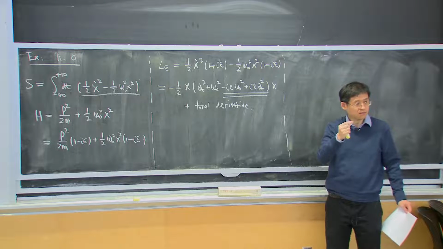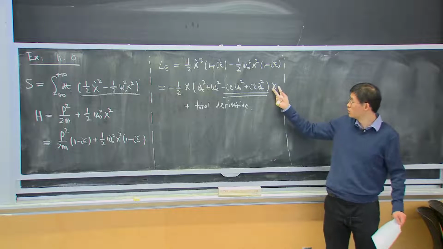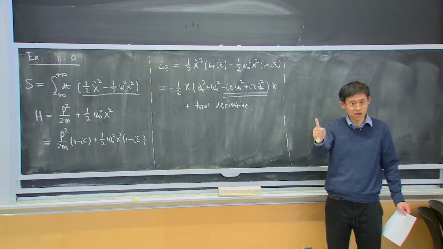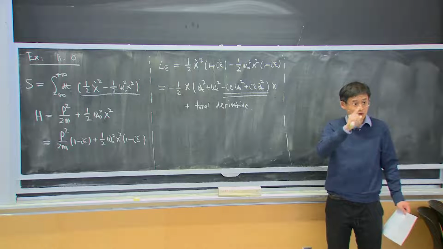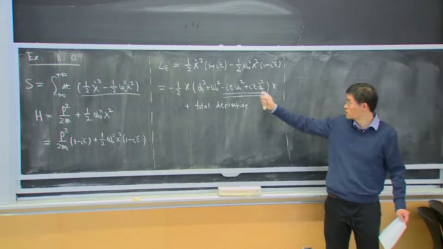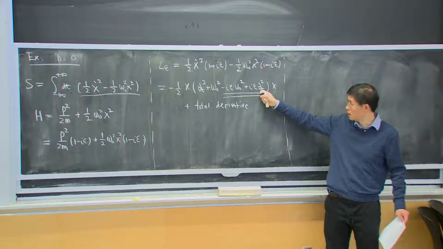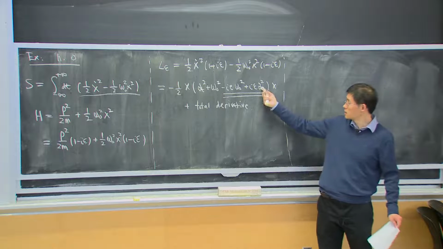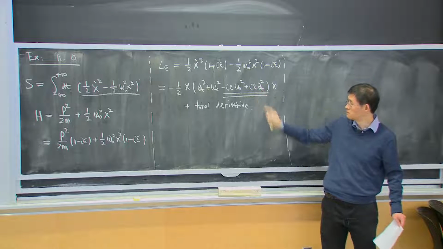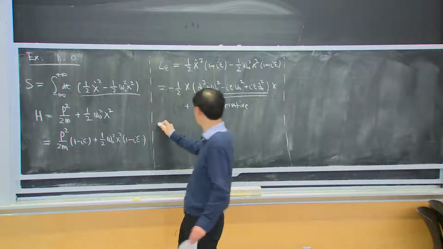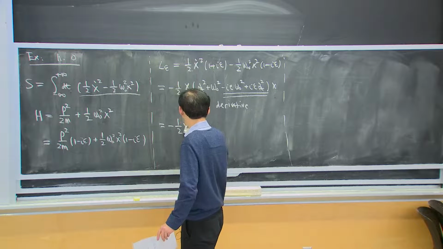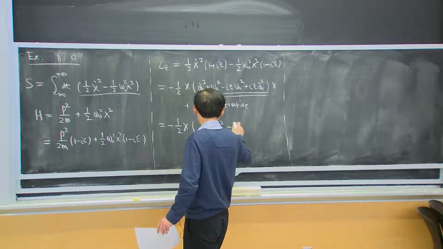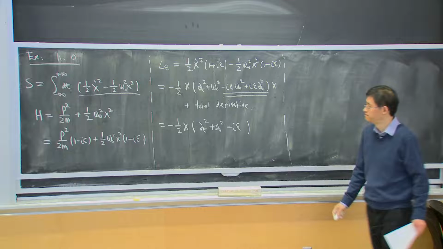Remember, whenever you do a Fourier transform on x, a single partial t gives you i omega, and partial t squared gives you minus omega squared. So this is also a negative number times epsilon. Then we can write the whole thing as 1/2 x times (partial t squared plus omega 0 squared, minus i epsilon) x.